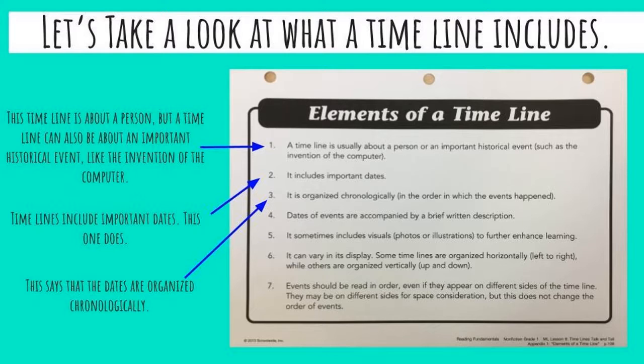If you remember the timeline that we saw about Dr. Seuss, that one was done vertically. And number 7, events should be read in order. Even if they appear on different sides of the timeline, they may be on different sides for space consideration, but this does not change the order of events. So sometimes they could be up and down, but you read them in the date order that they occurred.